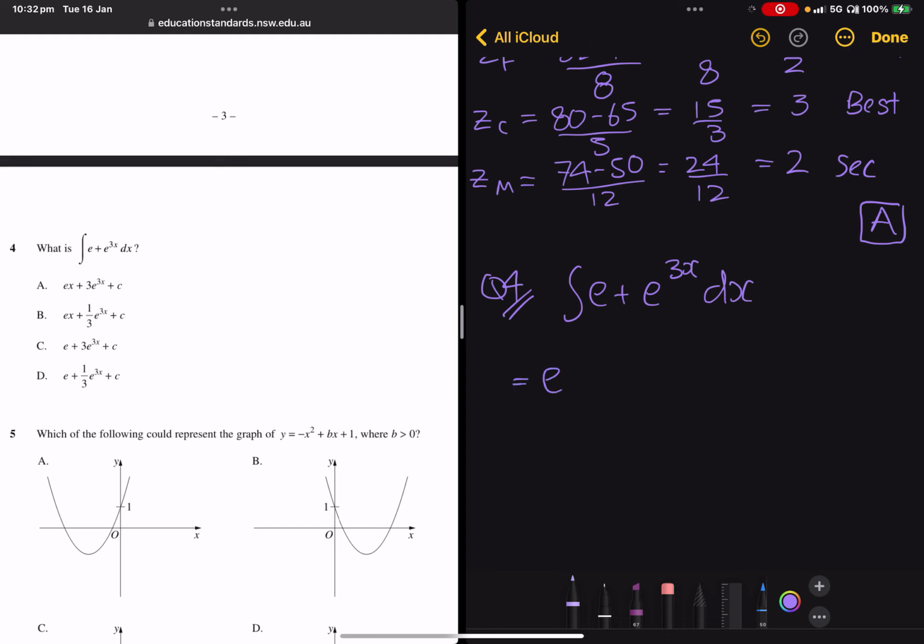So this becomes e times x, and then the derivative of e to the 3x would be 3 e to the 3x. So the integral is going to be 1/3 times e to the 3x, and then we have to add a constant. So A is not possible, C is not possible, D is not possible, so the answer is going to be B.